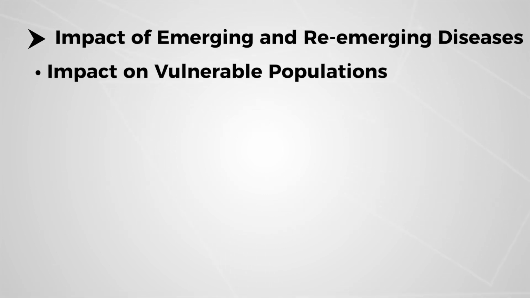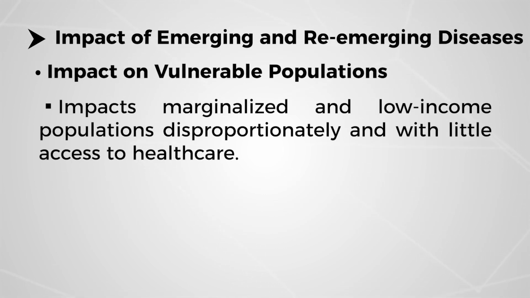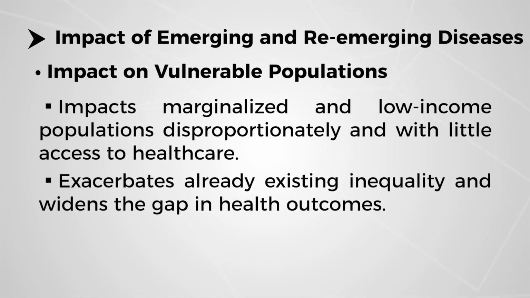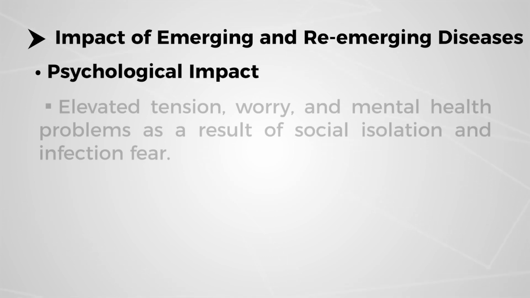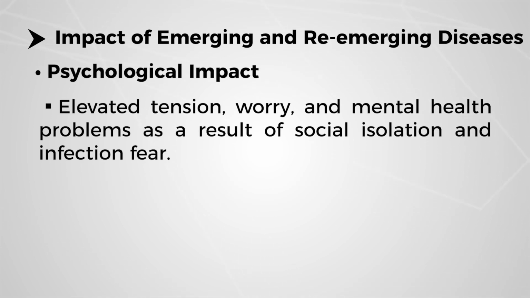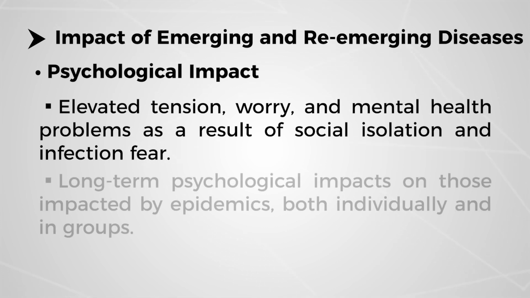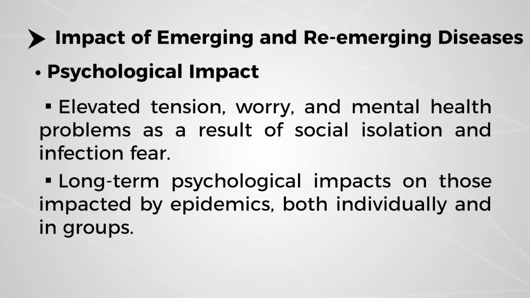Then the impact on vulnerable populations, like marginalized and low income populations, disproportionately, with little access to health care. So it exacerbates already existing inadequacies and widens the gaps in health outcomes. Psychological impact, for example, elevated tension, worry and mental health problems as a result of social isolation and fear of infection. So there are long term psychological impacts on those affected by an epidemic, both individually and in groups.